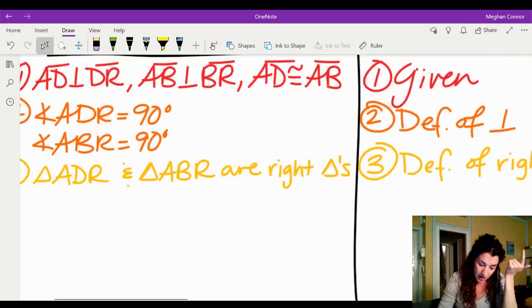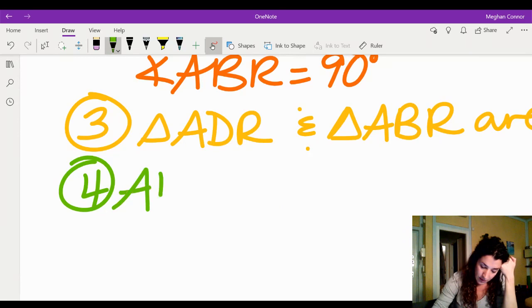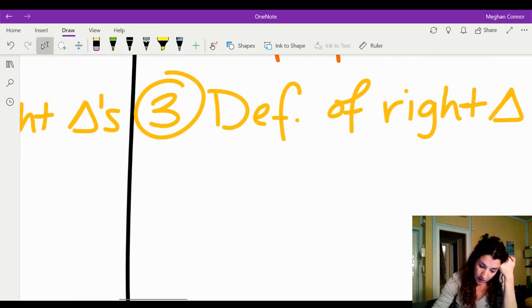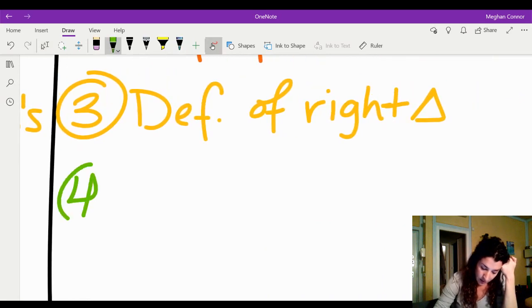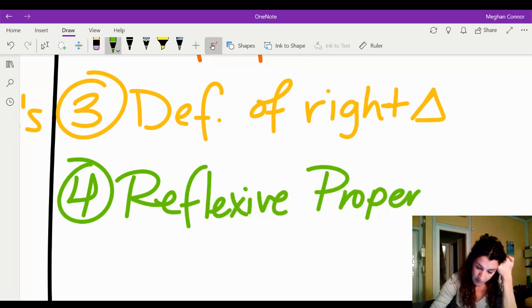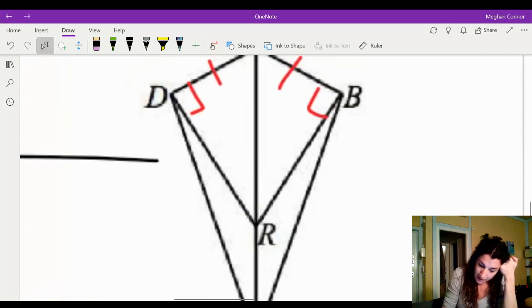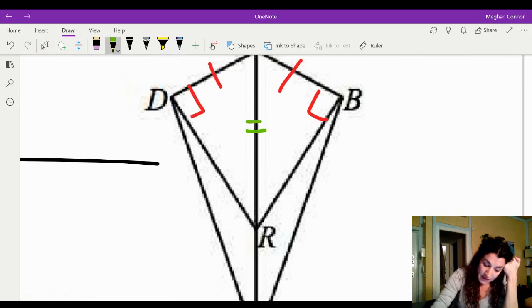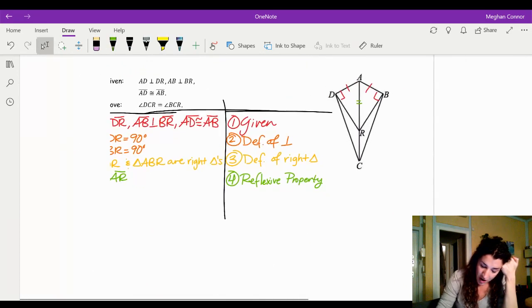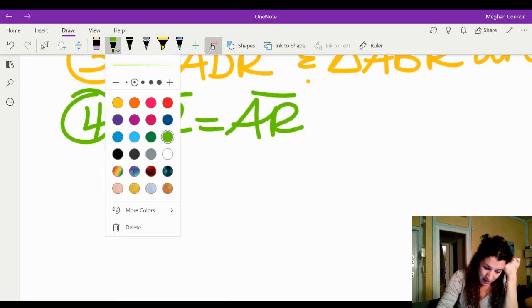So that's AR. That's your reflexive property. Now I've said all I needed to say in order to say that triangles DAR and BAR are equal to each other because of HL.